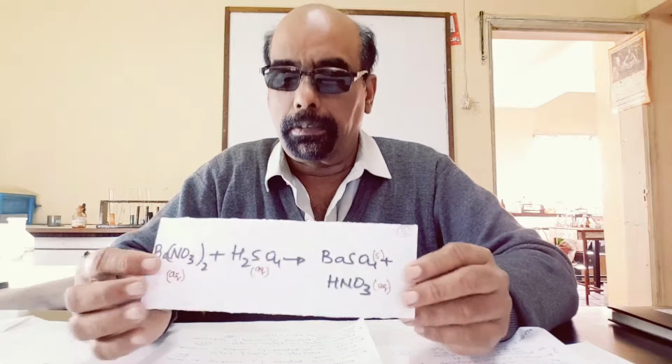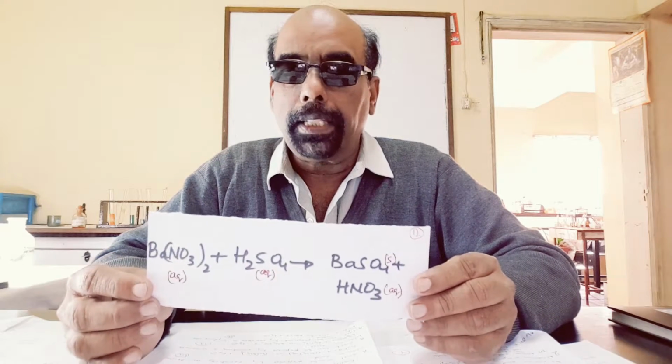All sulfates are soluble except calcium sulfate, barium sulfate, lead sulfate, and silver sulfate. The sulfates which are soluble are prepared by crystallization, and the insoluble sulfates are prepared by precipitation.